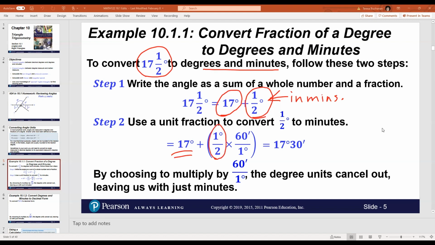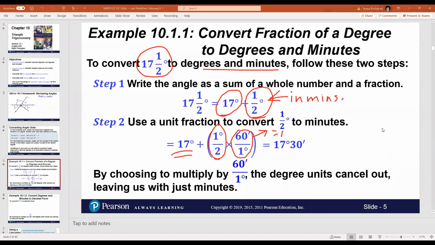But the 1/2 a degree, to convert to minutes, it's a unit multiplier, as I have been preaching. If I know that 60 minutes is equal to 1 degree, then I can certainly get away with writing a multiplier of 60 minutes over 1 degree, because this is a fraction that is equal to 1.